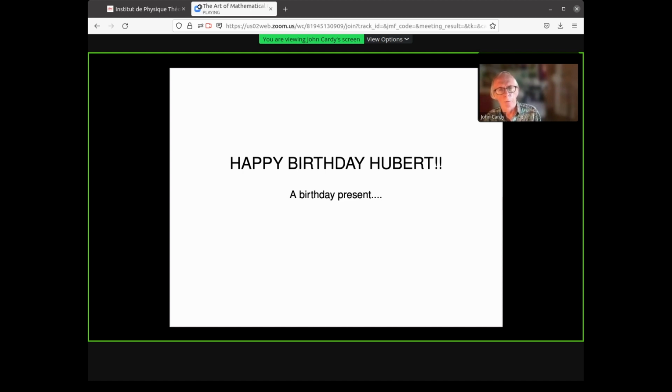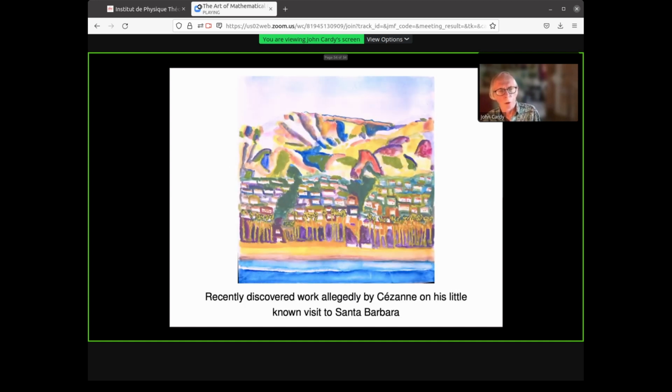And we talked about art, and where he came from in Provence, and we talked about Cézanne. And so I would like to give him as a birthday present a very recent discovery, which is making a big splash in the art world, a recently discovered work, allegedly by Cézanne, when he came to Santa Barbara.